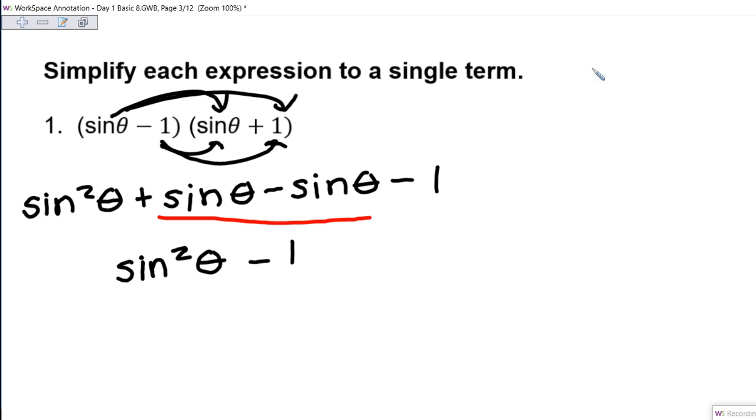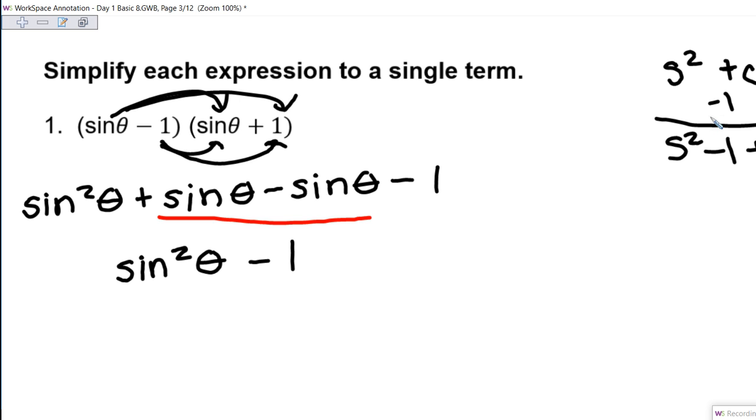So over here I'm going to do some scratch work. I'm going to use S for sine, C for cosine. So sine squared plus cosine squared is equal to 1. Now over here I have sine squared minus 1. So let's see. If I want sine squared minus 1, well first I'll have to subtract 1 to both sides. So I have sine squared minus 1 plus cosine squared is equal to 0.